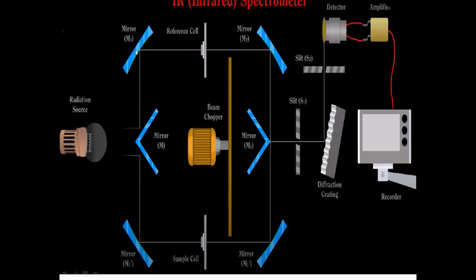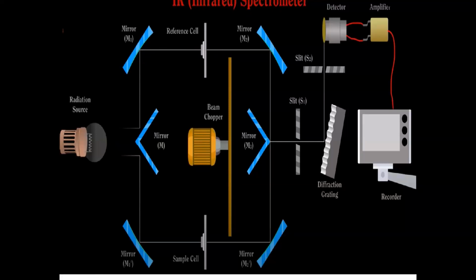Now the IR radiation beam that is reflected by mirror M1 will pass through the reference cell. The reference cell consists of a reference material. And what is that reference material? KBr. It means the light intensity will not change because there is no absorption.